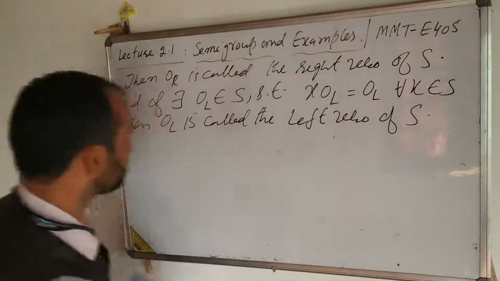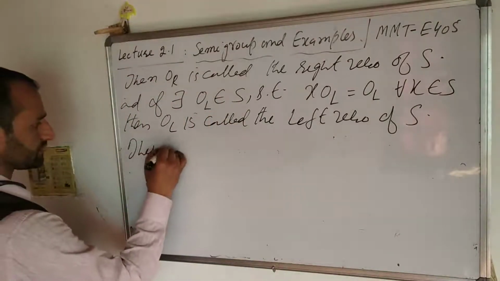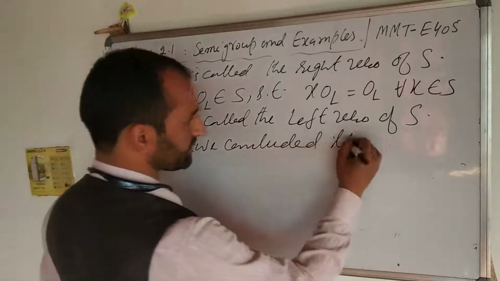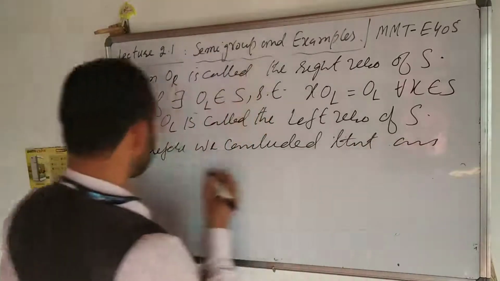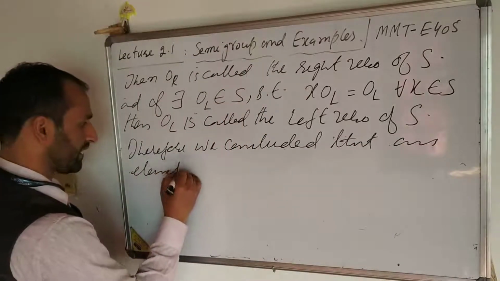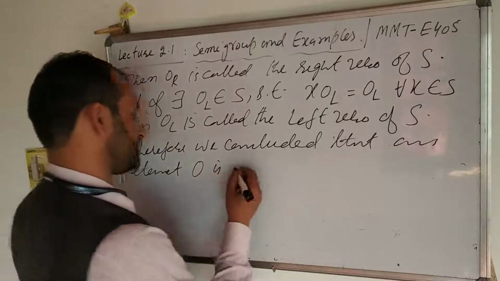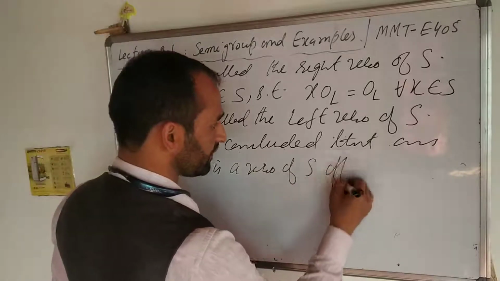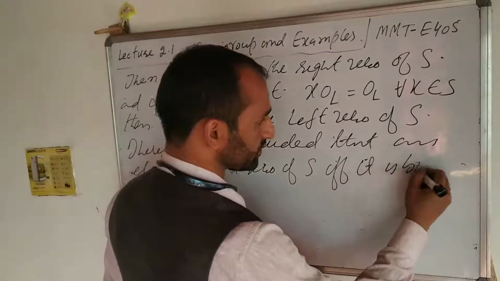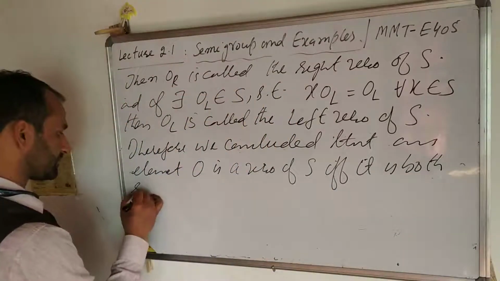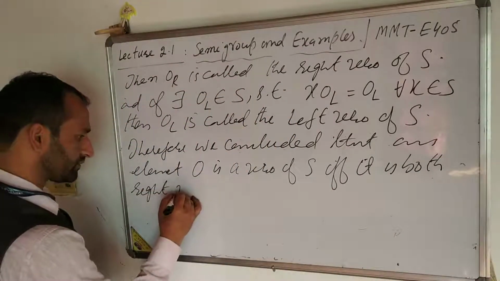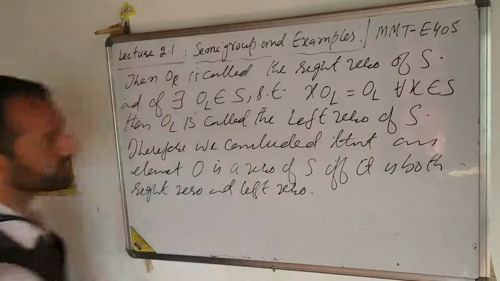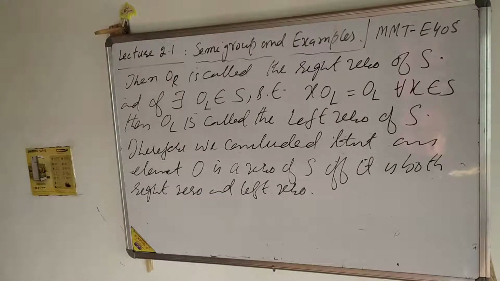Therefore we conclude that an element 0 is a 0 of S if and only if it is both right 0 and left 0.